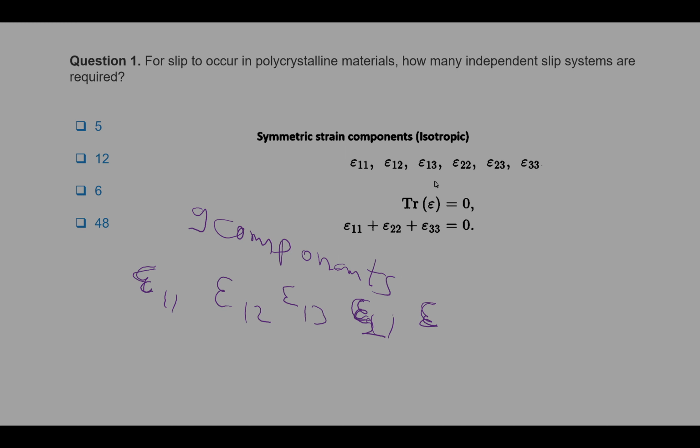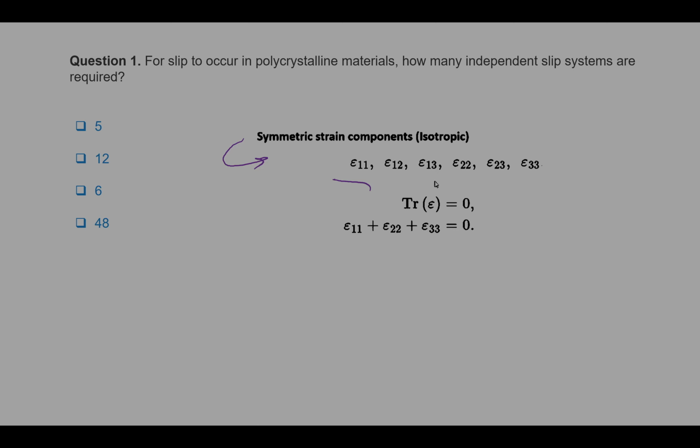For a strain, the components are epsilon 11, epsilon 12, epsilon 13, epsilon 22, epsilon 23, and epsilon 33. Also there are epsilon 21, epsilon 31, and epsilon 32. So there are a total of 9 components.